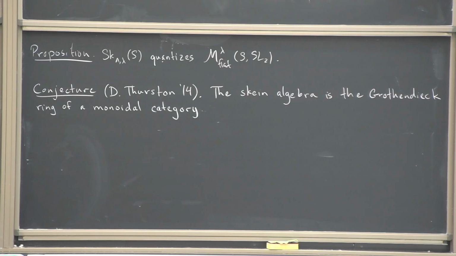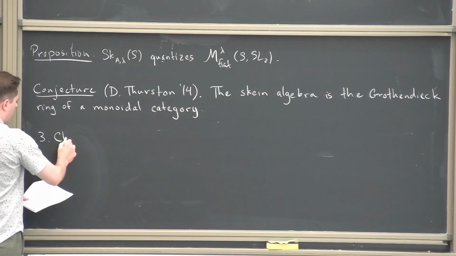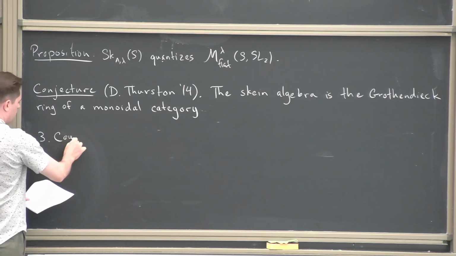And you could try to approach this just starting with the definition and trying to invent some kind of category that does this. But here we're going to take a little bit different approach, which is based on the notion of a Coulomb branch.